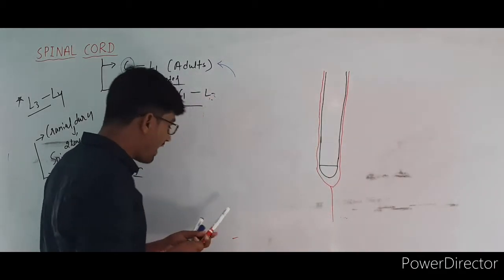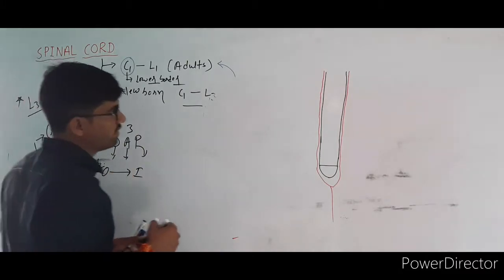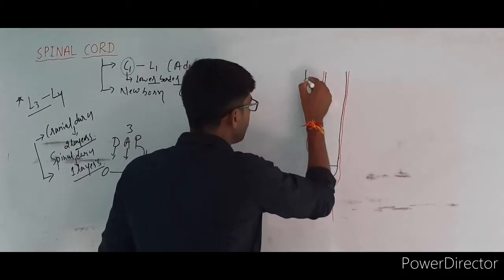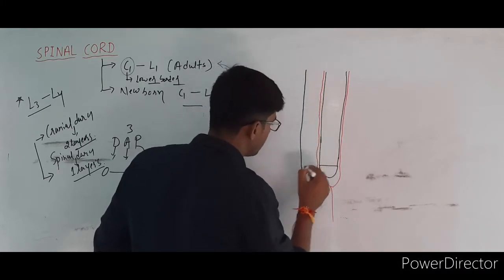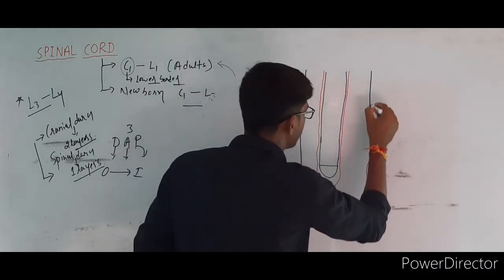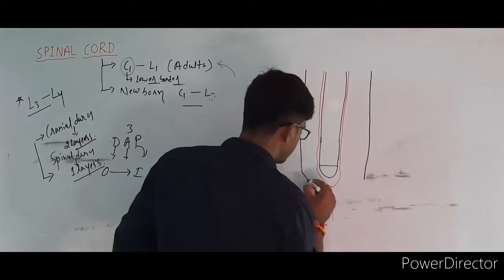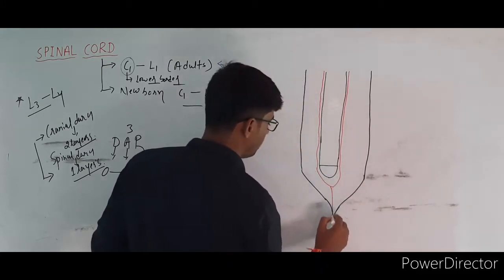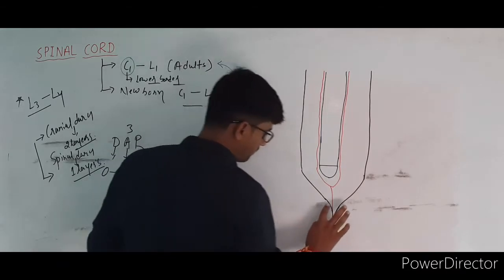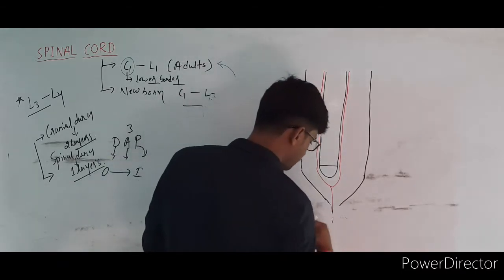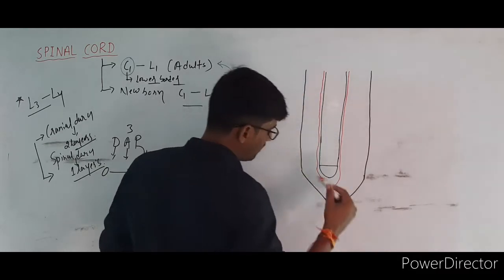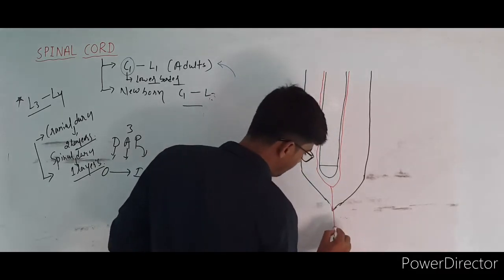After that, there is the arachnoid membrane. So I am drawing the arachnoid membrane. This is the arachnoid membrane. And this is the pia.